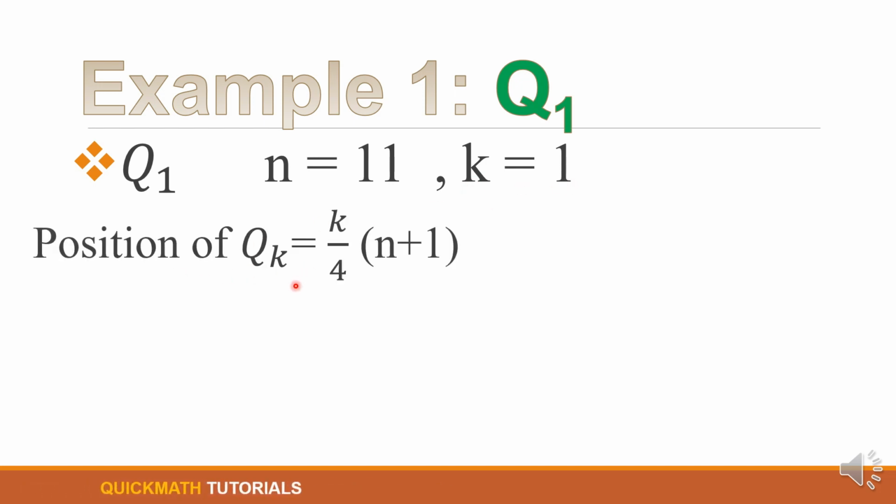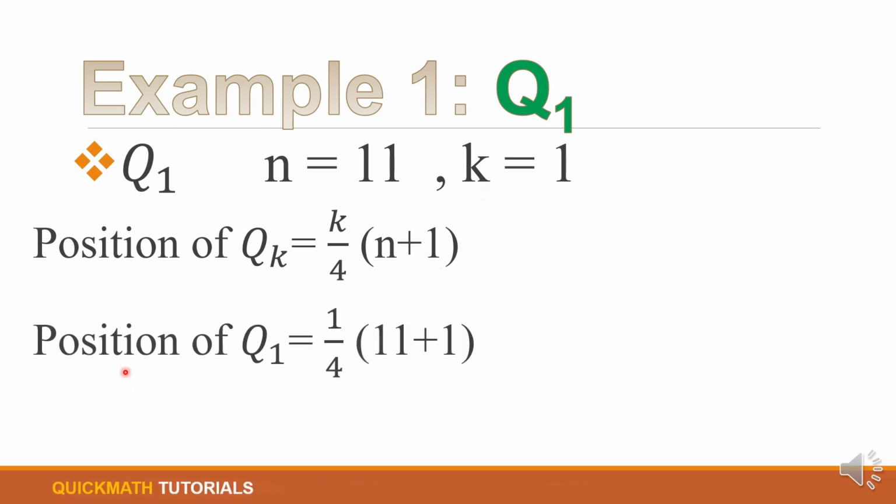Now, using the formula for the position of the quartile, we have Q sub k is equal to k over 4 times n plus 1. Now, we will substitute the value of n and k.